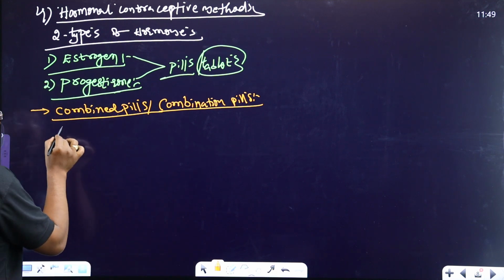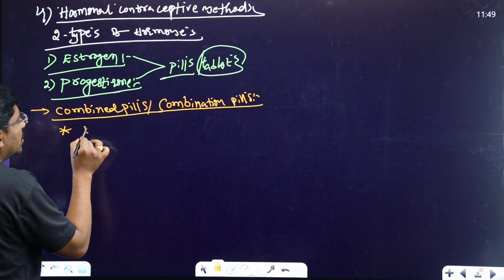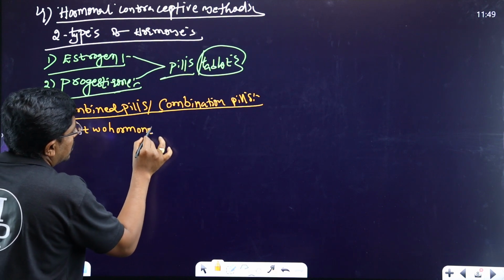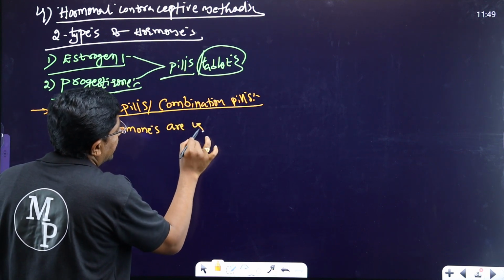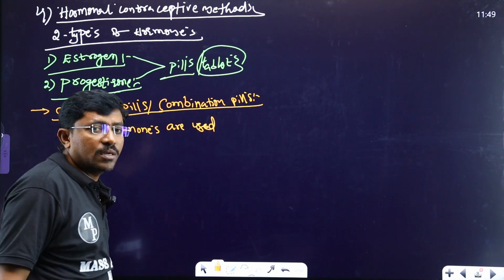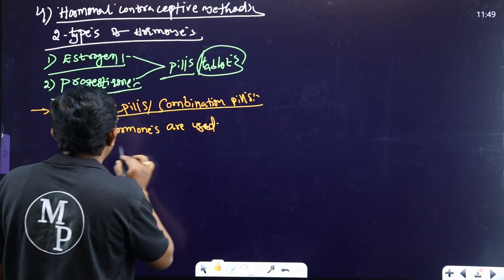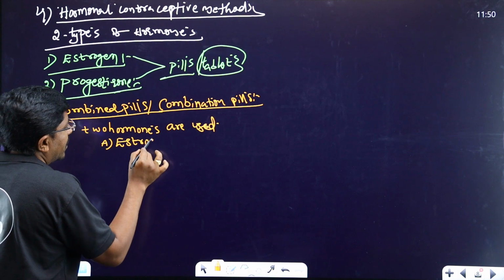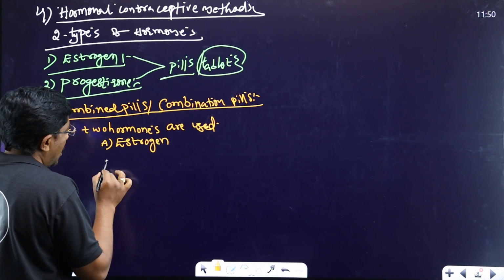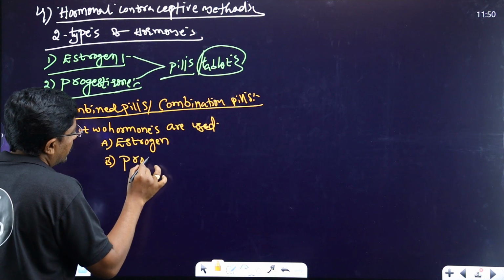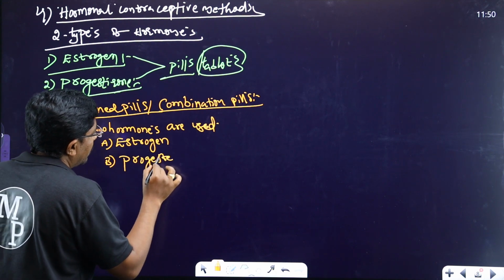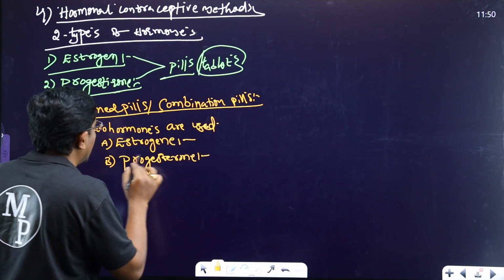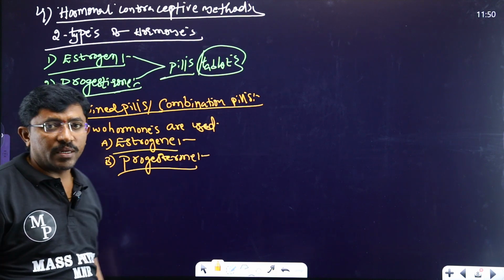Combination pills means for the preparation of these pills, two hormones are used. Understood? These two hormones are the estrogen hormone and the progesterone hormone.